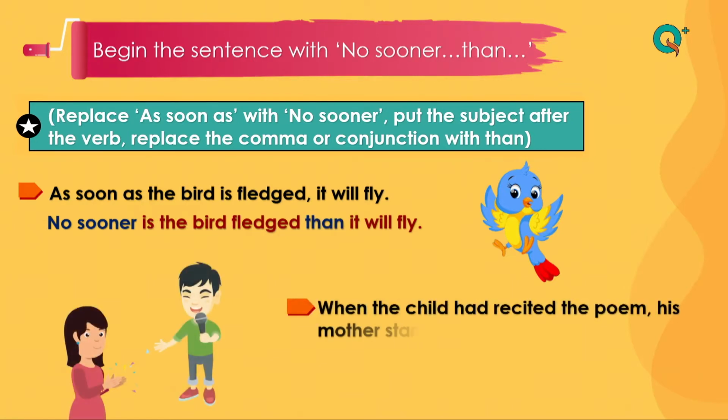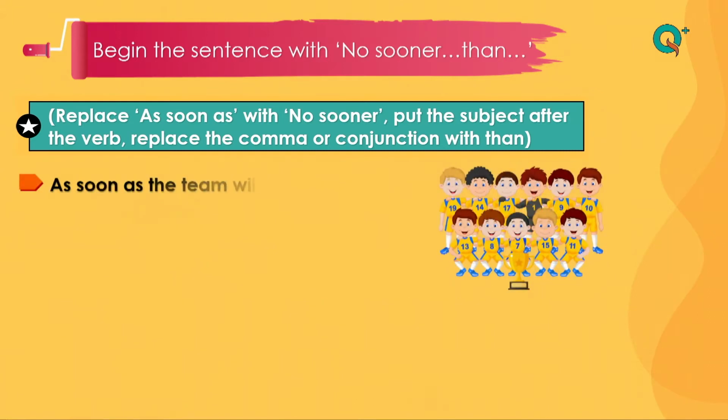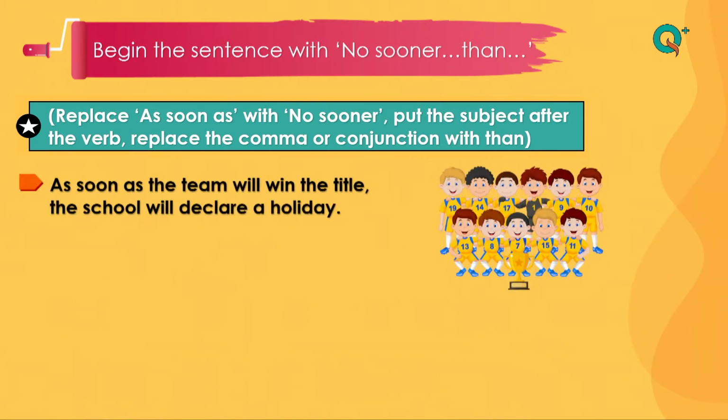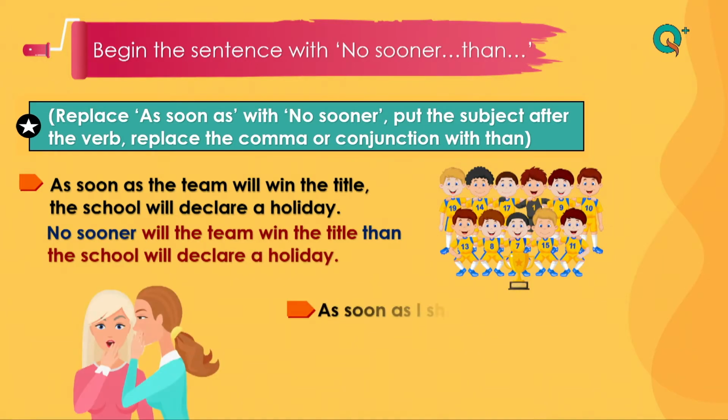When the child had recited the poem, his mother started clapping. No sooner had the child recited the poem than his mother started clapping. As soon as the team will win the title, the school will declare a holiday. So no sooner will the team win the title than the school will declare a holiday.